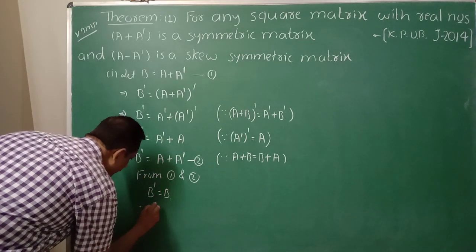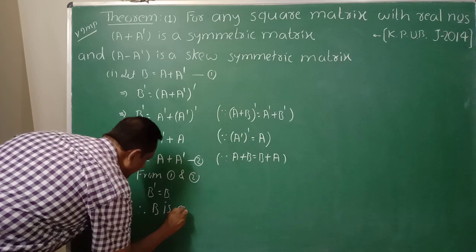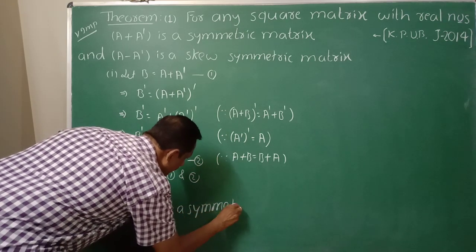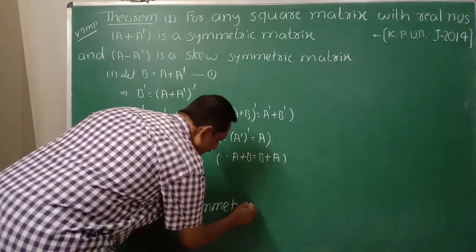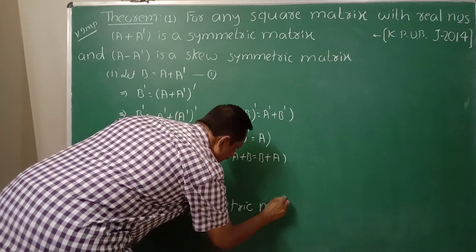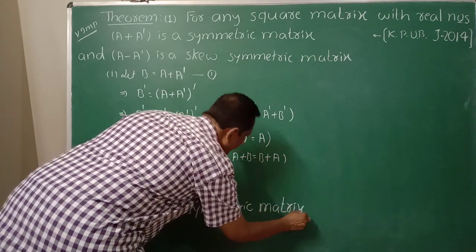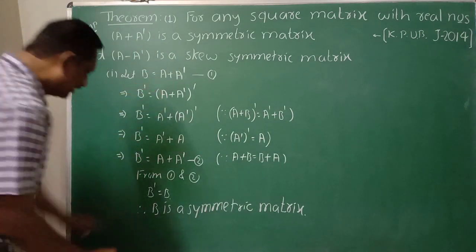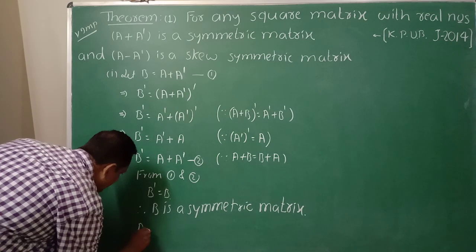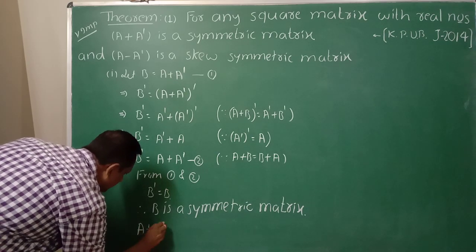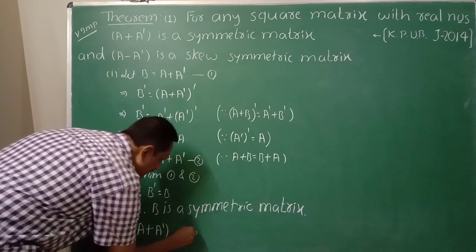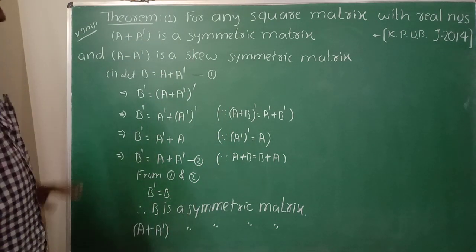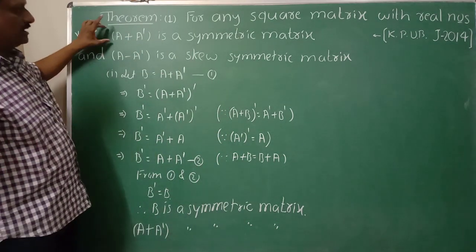Therefore B is a symmetric matrix here. What is the B here? B is A plus A dash. Therefore write here A plus A dash is a symmetric matrix here.